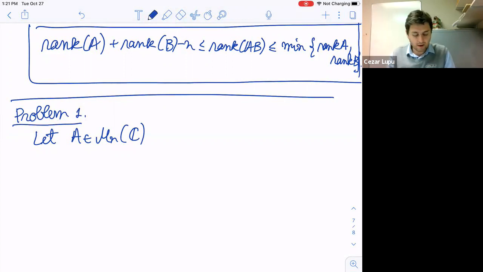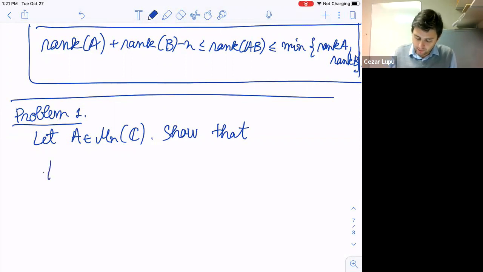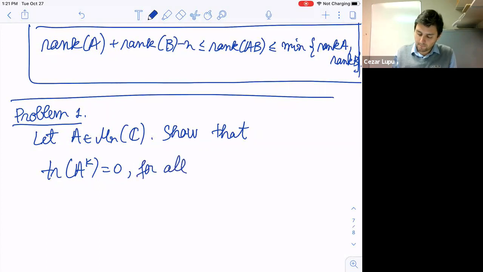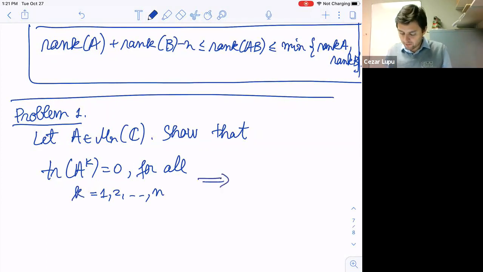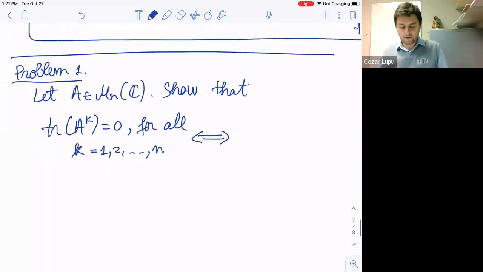Show that we have the following: the trace of A to the power k is 0, for all k going from 1, 2, all the way to n, if and only if A is nilpotent.